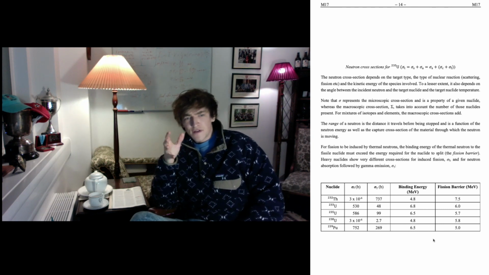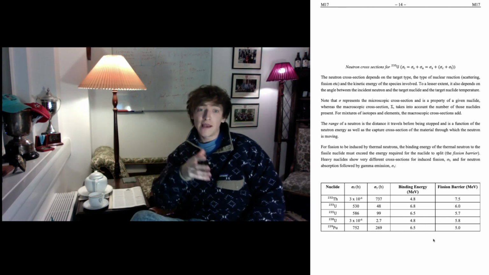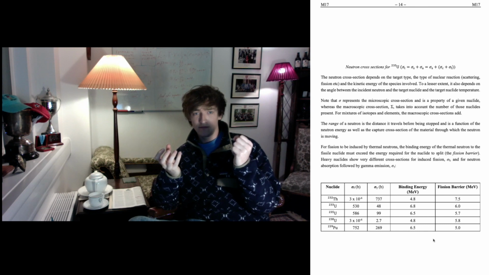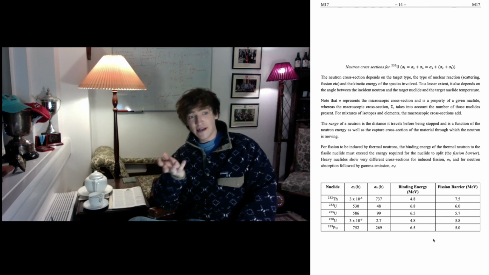In order for fission to occur, the binding energy of your incoming neutron to the fissile nuclide must exceed the energy necessary to split it, and the energy necessary to split it is termed the fission barrier. Should the fission barrier be greater than the binding energy, it will not fission.